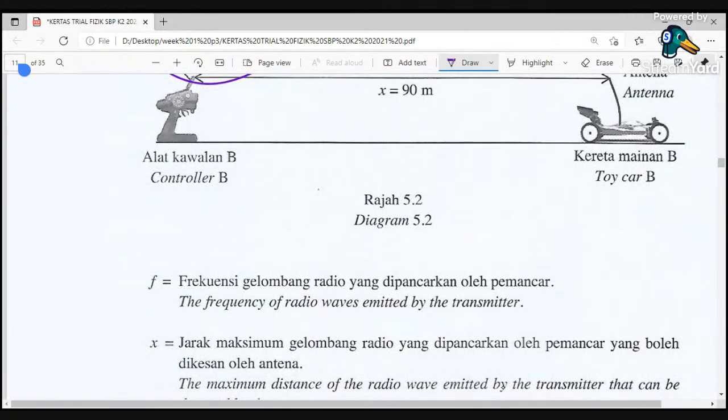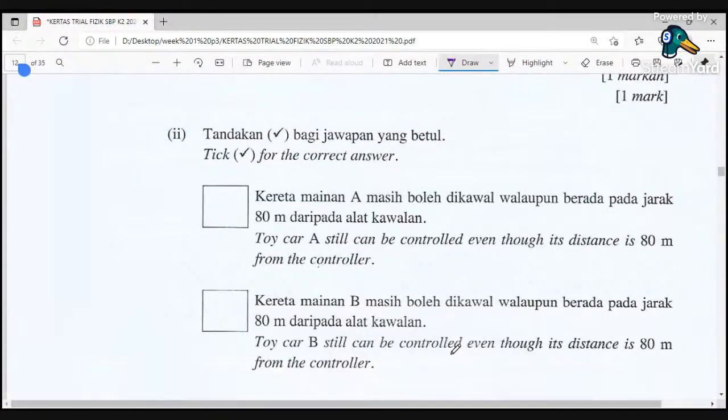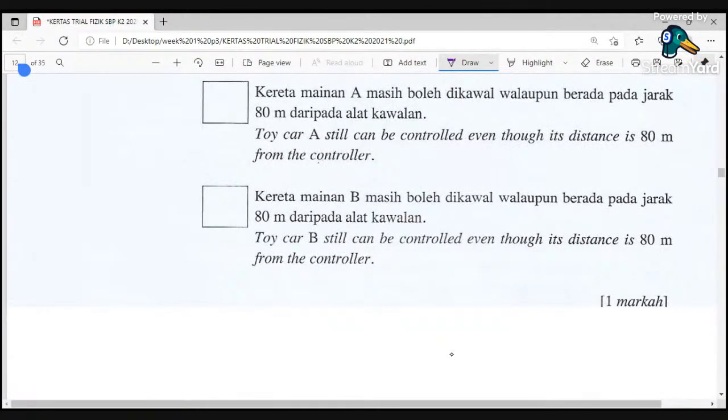This one 90. Okay, so answer is Toy car B still can be controlled even though distance 80, because it can still be detected as the signal until 90 meters. So means for 80 meters it can be detected.